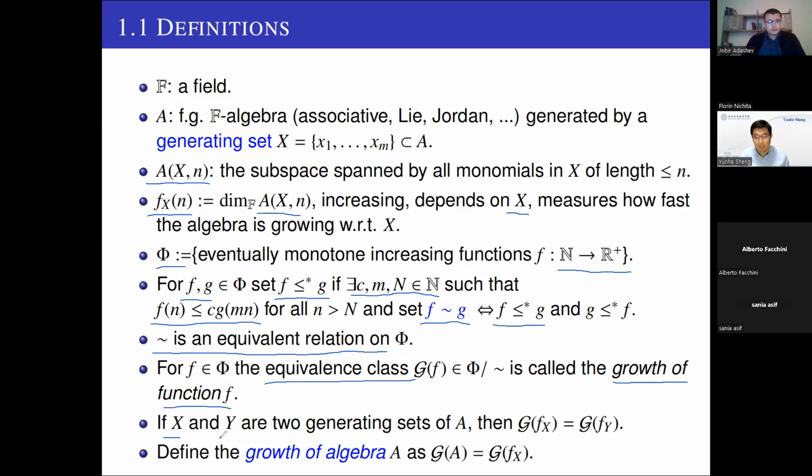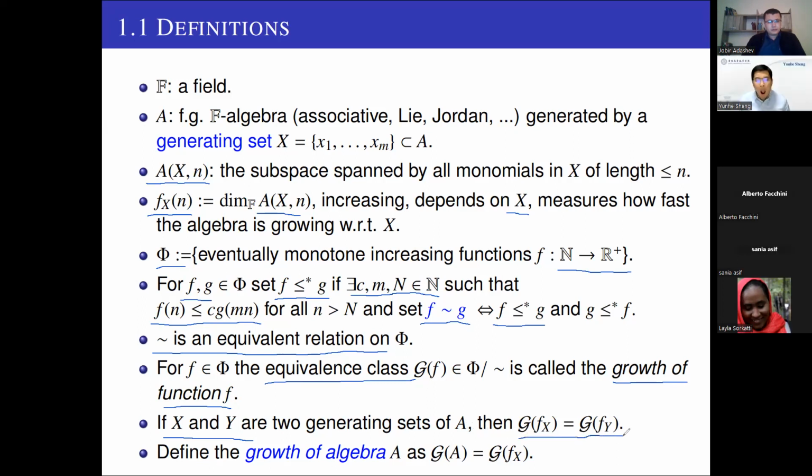If X and Y are two generating sets of A, then they have the same growth. This fact is not difficult to prove. So right now we can define the growth of algebra A just as the growth of the function with respect to any generating set.